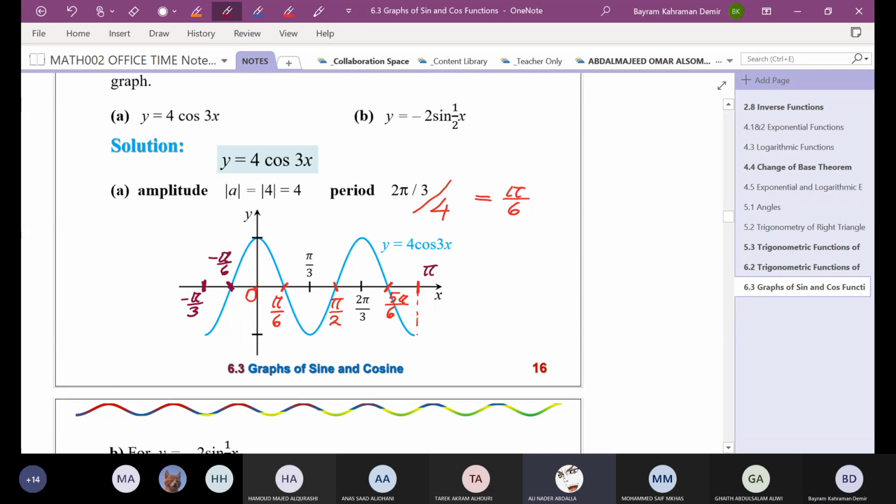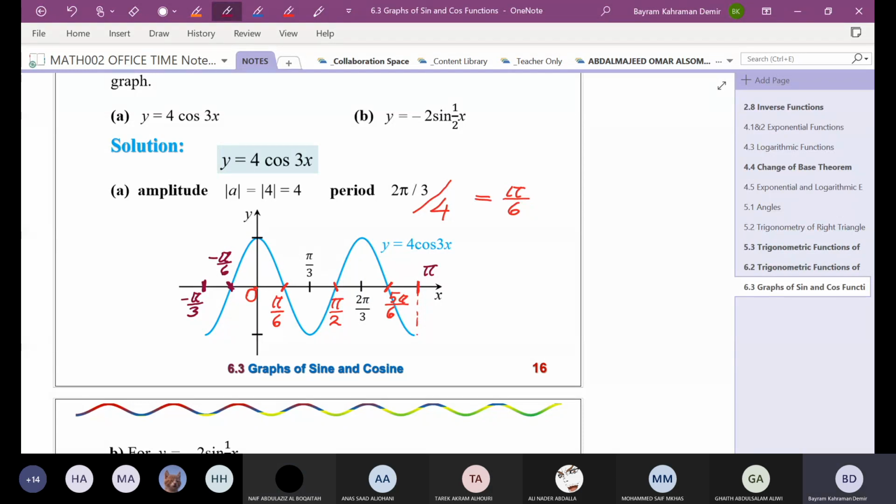All right. Now, why are these points that much important, Shabab? Well, because if I ask you where the graph is below the x-axis, how are you going to answer the question? We can say from pi over 6 to pi over 2, the graph is below.